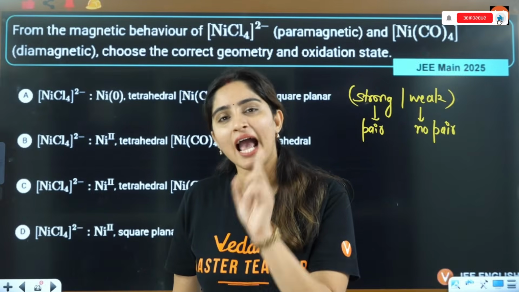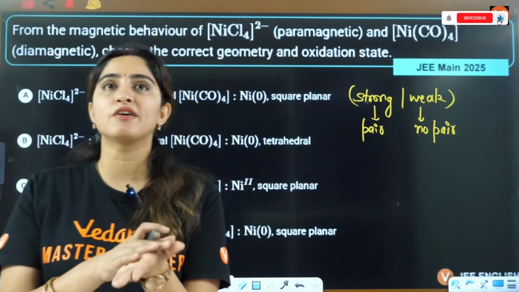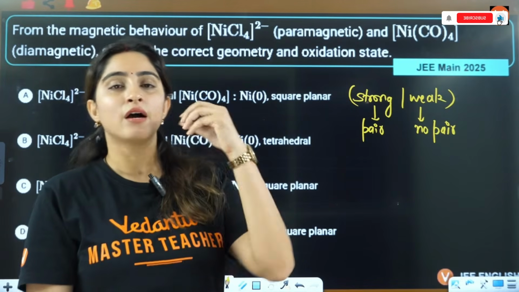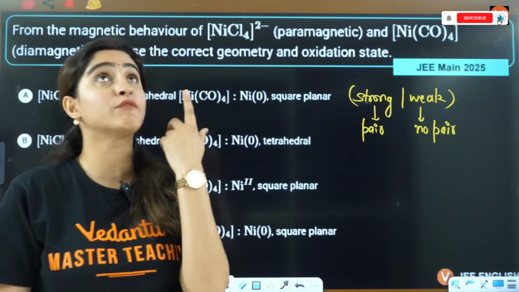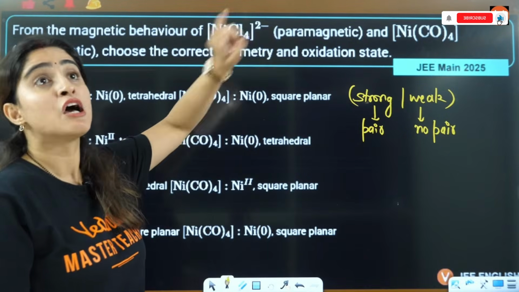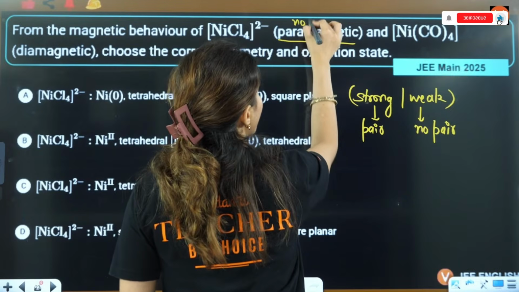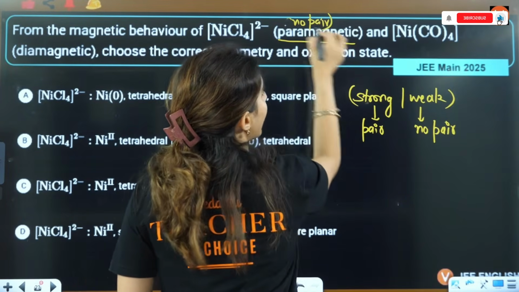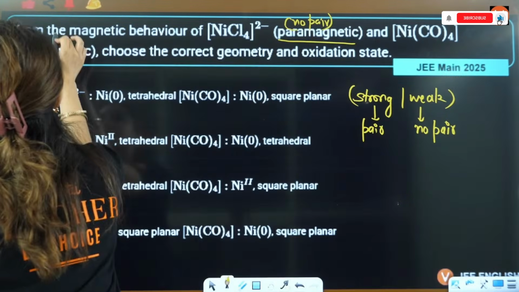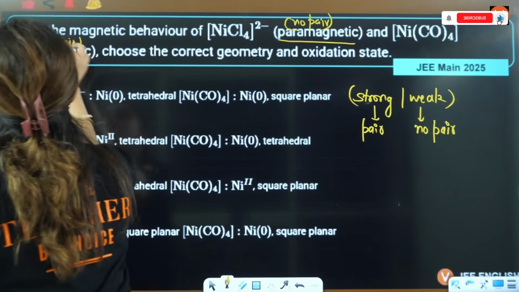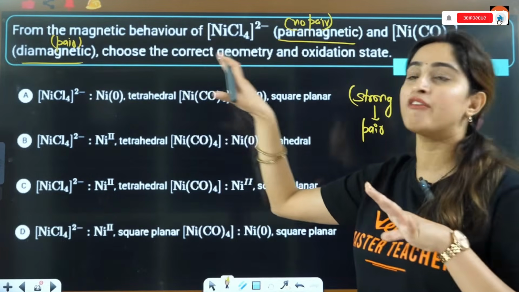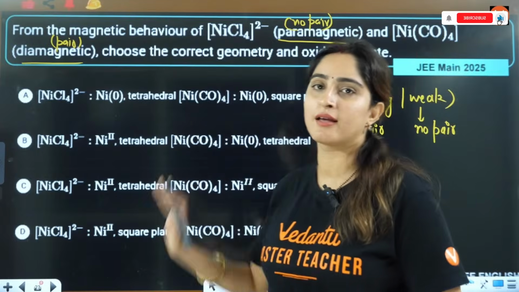In VBT, we experimentally first calculate whether it's paramagnetic or diamagnetic. Then, okay, this is para, that means there must be no pairing. So paramagnetic means no pairing, and diamagnetic means there will be pairing. And based on that, the scientists gave the VBT theory.